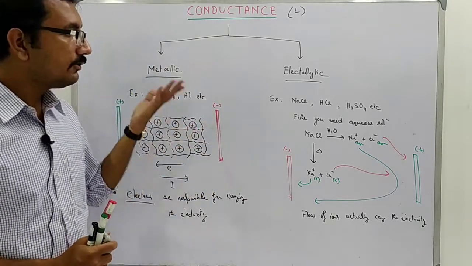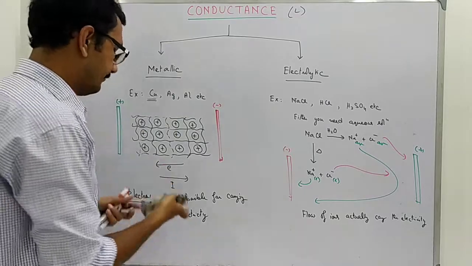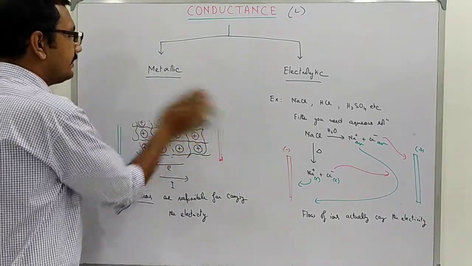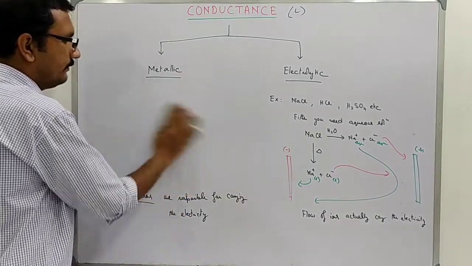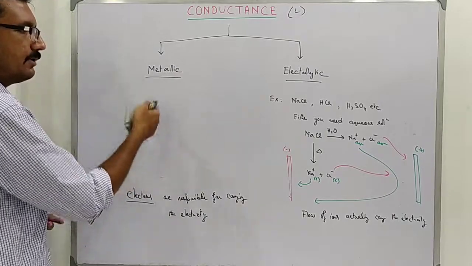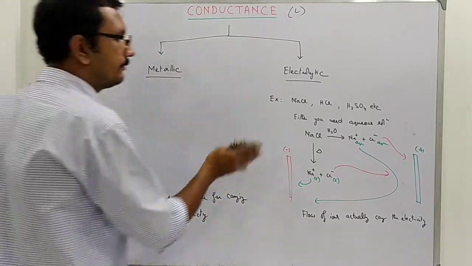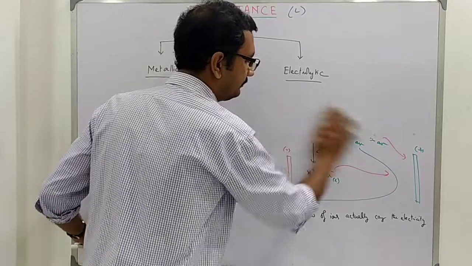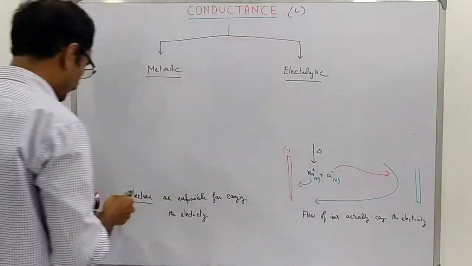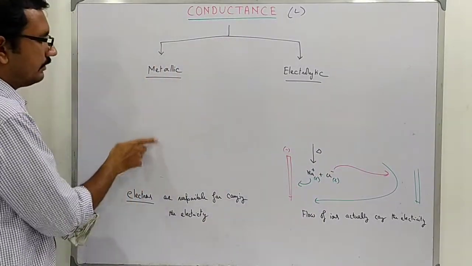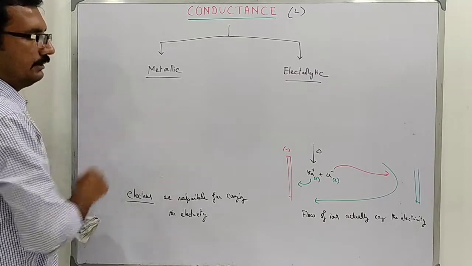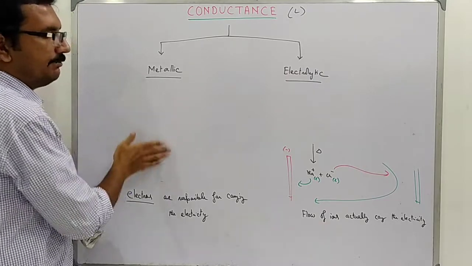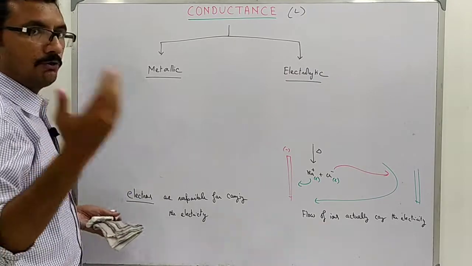Now, what is the effect of temperature in these two cases? If we increase temperature in case of a metallic conductor, it is going to increase the vibrational motion of the kernels. So, what will happen? If the kernels vibrate with a higher amplitude, then there will be more obstruction.